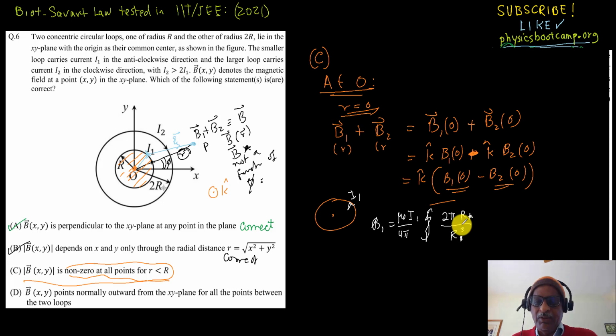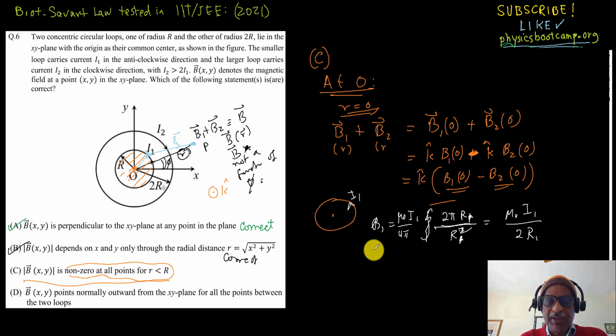Okay, so 4 pi, 2 pi r over r squared. So this whole thing turns out to be mu naught I1, and those are all R1s. R1 is R here, mu naught I1 over 2 R1.